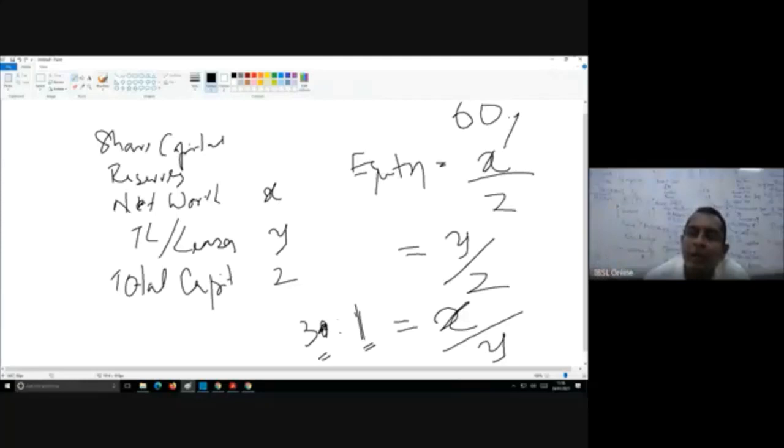That means out of 100 rupees, 60% is from equity.